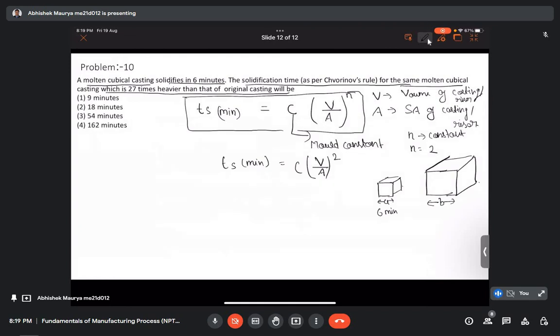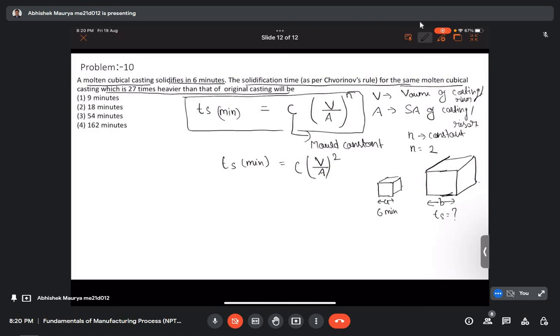So what will be the solidification time for this big one? We know the solidification time for the smaller one, which is 6 minutes, and we have to calculate the solidification time for this bigger cubical block, which is 27 times heavier, and the material is the same.